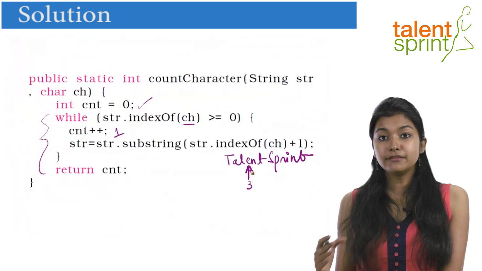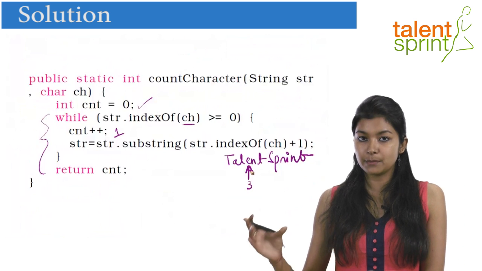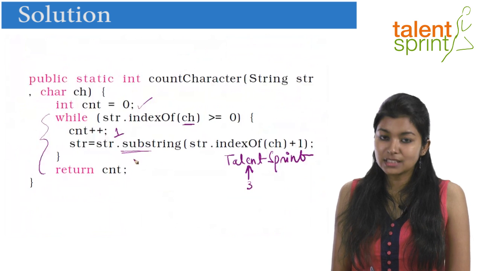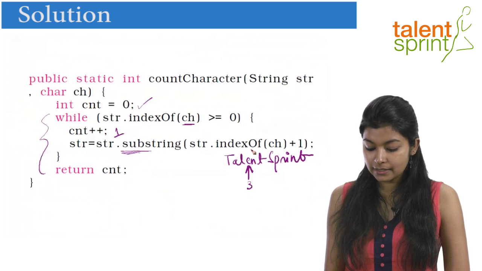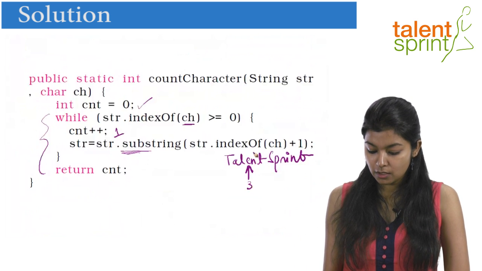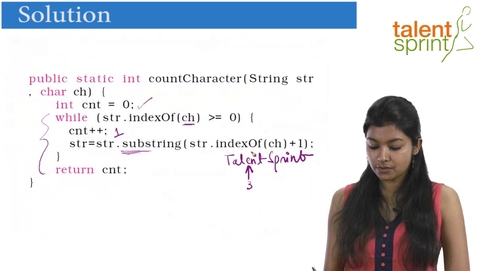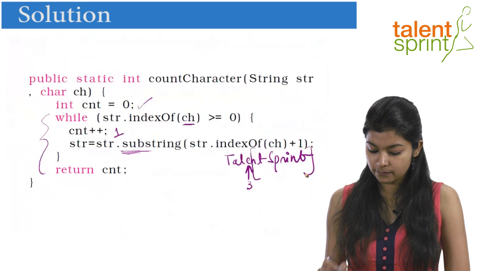So now what is left to be checked is the remaining string. So how do we calculate the remaining string? We do the substring of our current string based on the index of character, which is 3 plus 1. So now we'll do a substring from N to T.